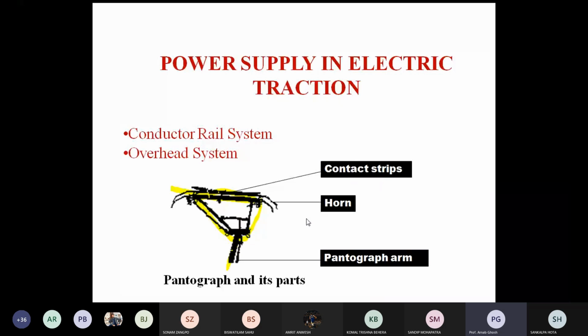You have to decide the capacity of each individual motor coach. One motor coach consists of some traction motors.